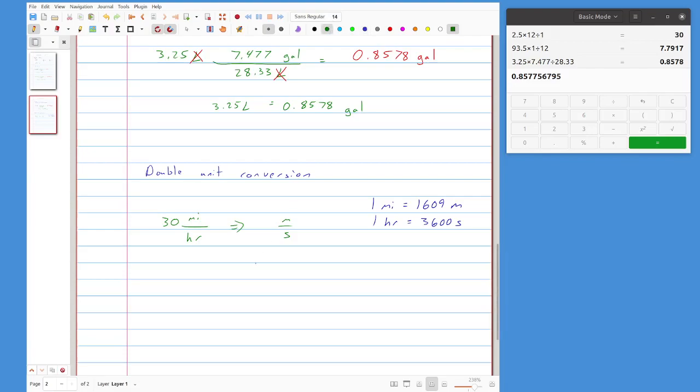Now you can do this as 2 separate conversion problems, or if we set things up with our fractions here, what we can do is first work on the miles part of this. And since miles is on the top, the 1 mile has to go on the bottom. And then work on the hours part, where since hours is on the bottom, the hour has to go on the top.